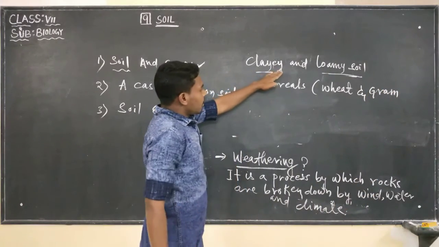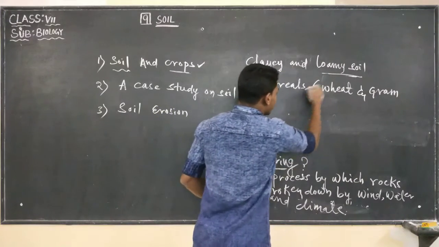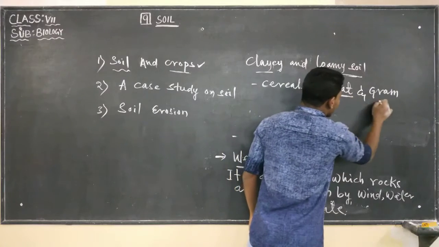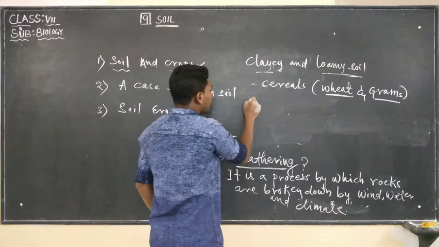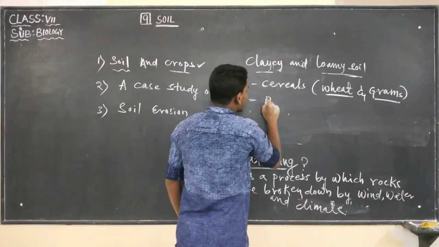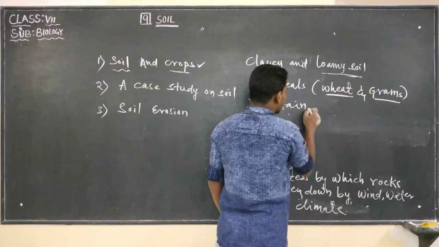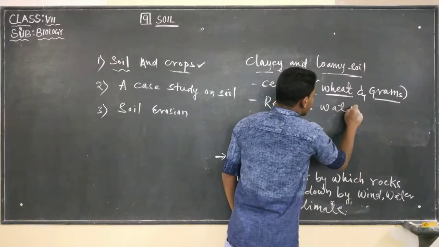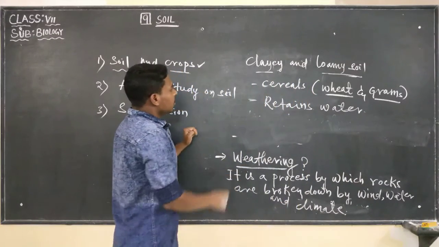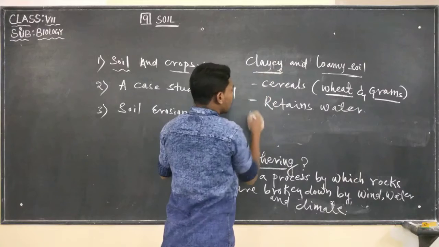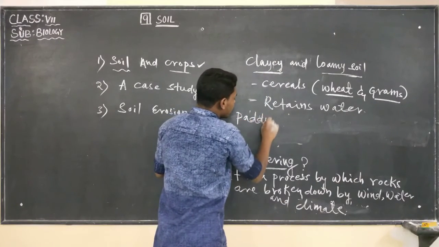So, in clay and loamy soil, the best grown crops are cereals, like wheat and gram. And this soil can retain water. Retains water means it absorbs water.